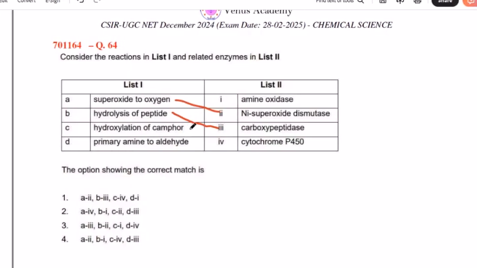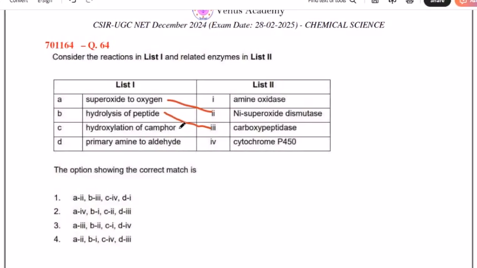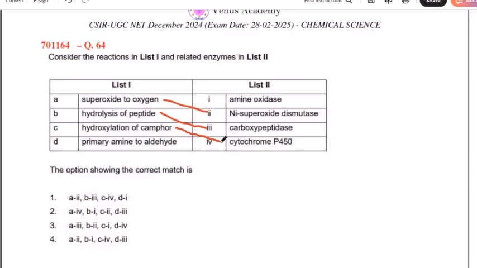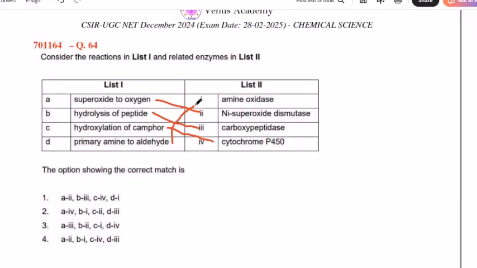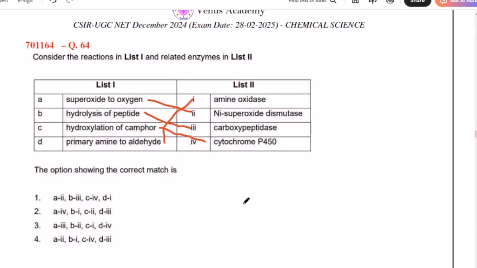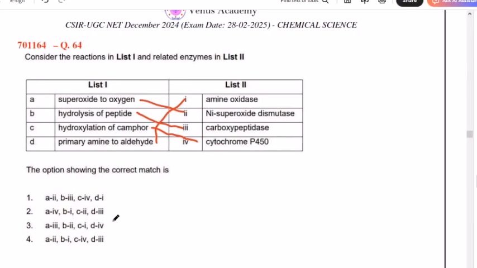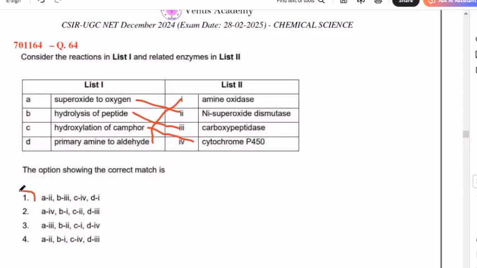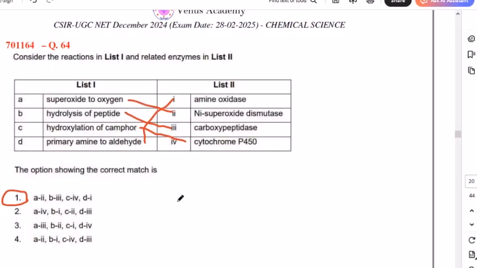Hydroxylation of camphor is going to happen using cytochrome P450, and primary amine to aldehyde: this is amine oxidase. So it is going to be 2, 3, 4, 1. Option number 1, right? So for question number 64, option number 1 is the correct option, friends.